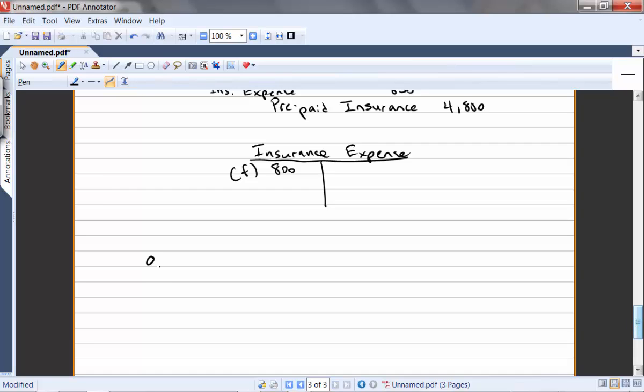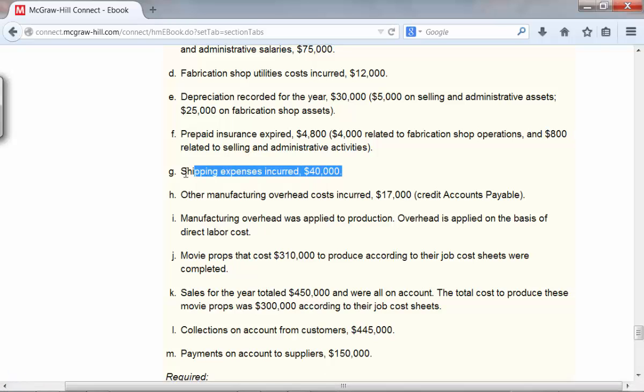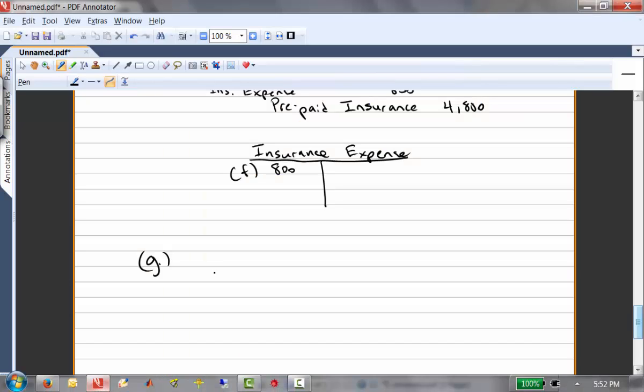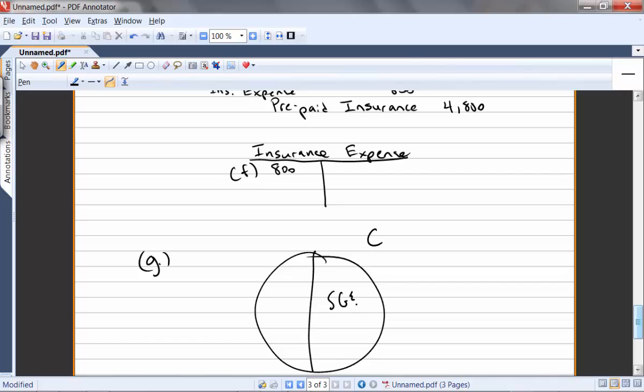So, and then let's do part G, and then we'll stop the video and we'll continue in the next video. Shipping expenses incurred, $40,000. Now, they weren't paid, they were just incurred. So that means we still have a liability to pay someone for them. Shipping expenses are part of, if you think about the set of costs again, the right-hand side was the SG&A stuff.